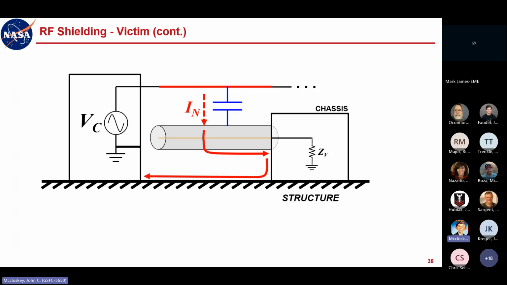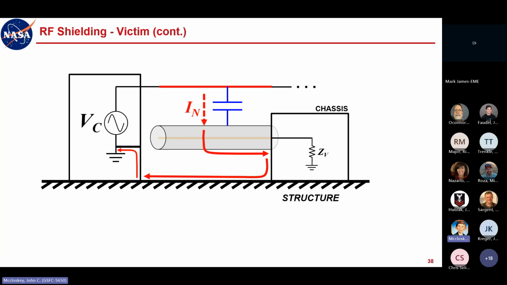The culprit equipment's chassis also needs to be bonded to structure, and that signal reference needs to be tied to chassis. So you need to consider that entire path for those noise currents to get back to the source. Because if you don't do that, those noise currents are going to flow.